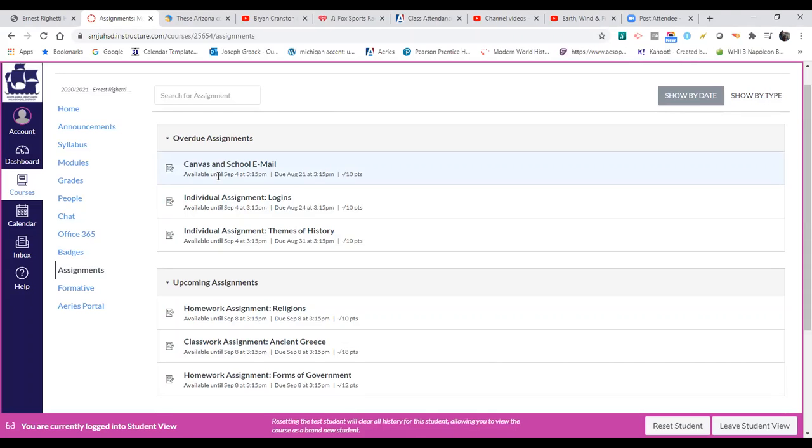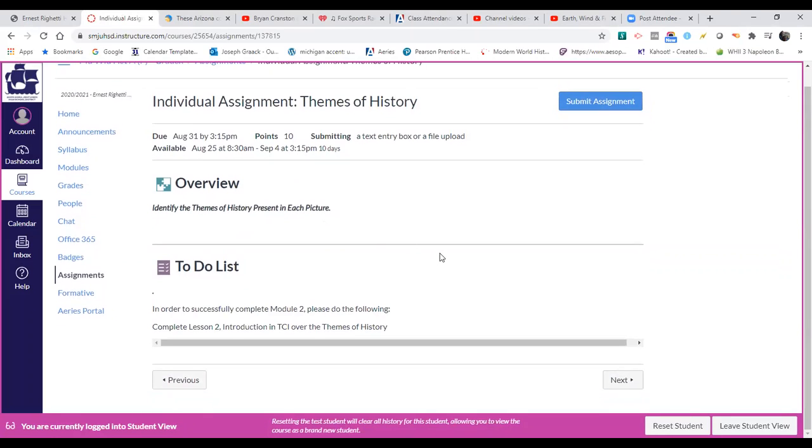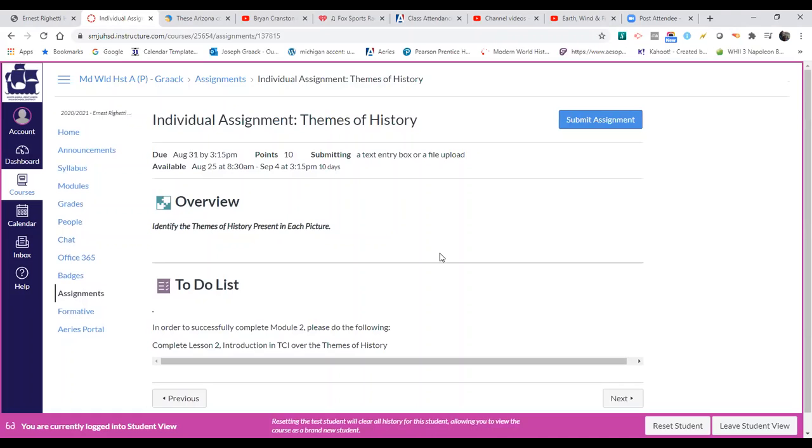When we get to the end of the 6 weeks, grades obviously got to be turned in. You're going to have an updated grade. That's when we'll start getting into things that you worry about. But if you were, say, for example, unable to finish the themes of history, you can still go do that. It's still available to you, and you should be set.